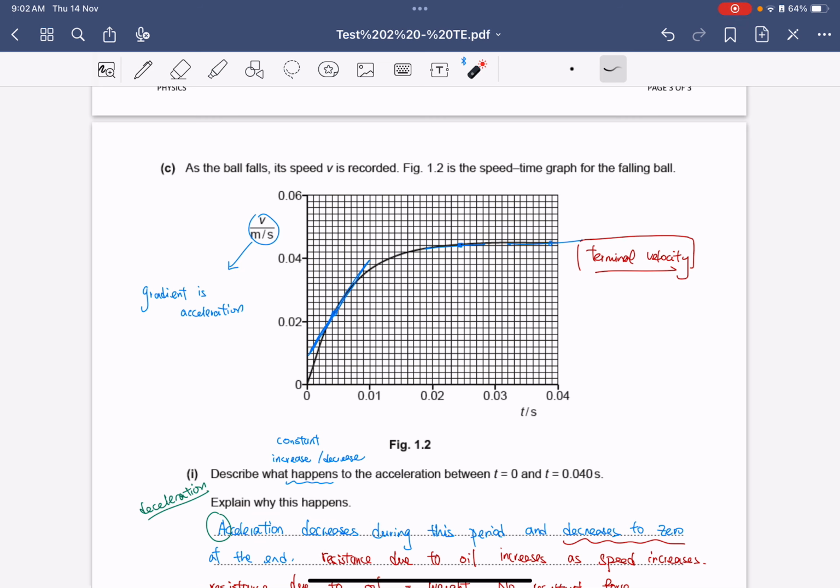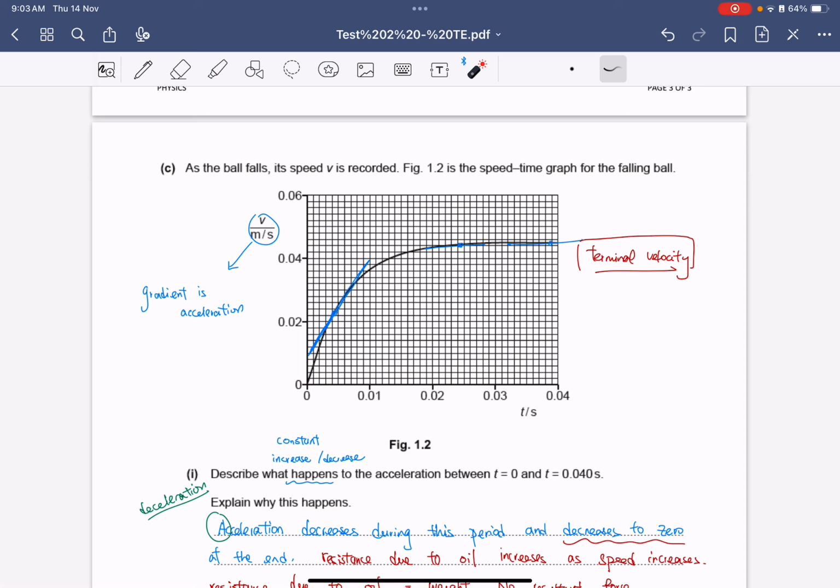Decreasing acceleration means it's still accelerating, but just at the end, the amount of acceleration is smaller. So it's called decreasing acceleration. But deceleration means you got the speed drops, decrease in speed. So this is a very different issue. On the graph, it's very obvious.